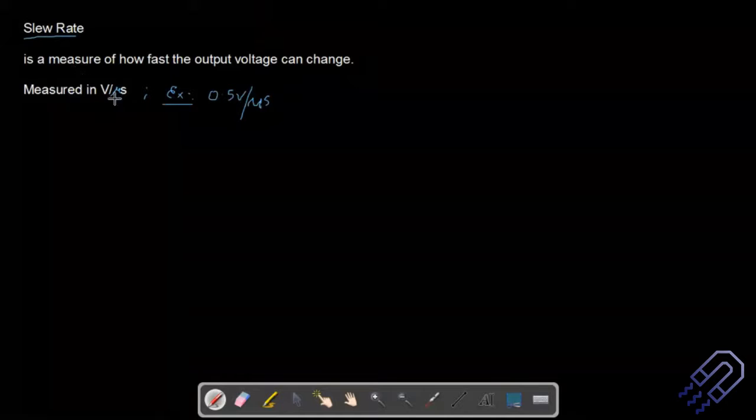If we want to find the maximum operating frequency, since every op-amp works within a certain frequency range, we can use a relation involving the slew rate.